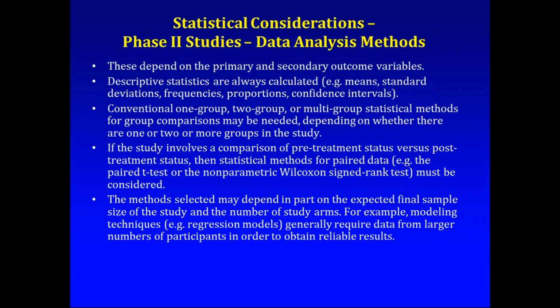But if we want to do modeling for our studies, like regression models and various other types of models, we need to have a reasonable amount of data, participants in our study to obtain data from, in order to even run those models. So we can't develop any type of reliable, or I might even say useful, model based on results from 4 or 5 patients.